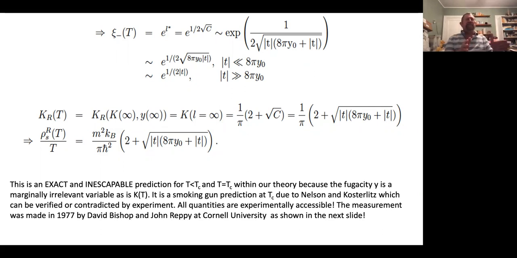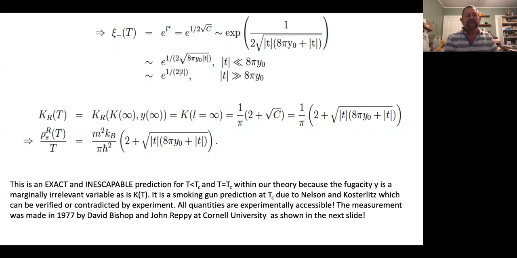I think it does converge, but I'm not knowledgeable enough to prove that, but I'm convinced that the perturbation expansion is actually convergent if we're below TC. And therefore this prediction for the superfluid density as a function of temperature divided by temperature, equal to this expression here, is basically exact.